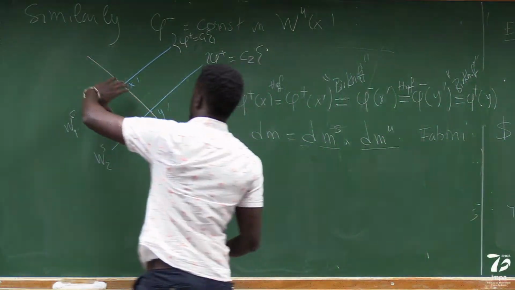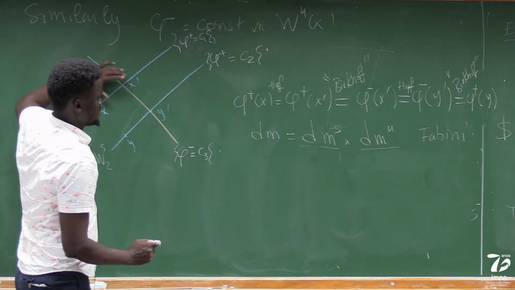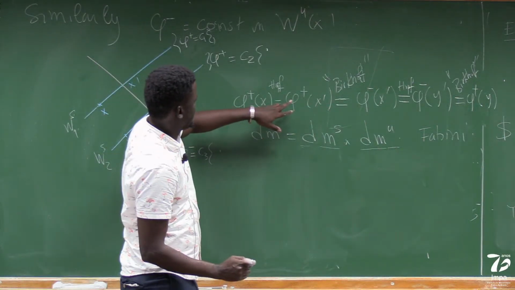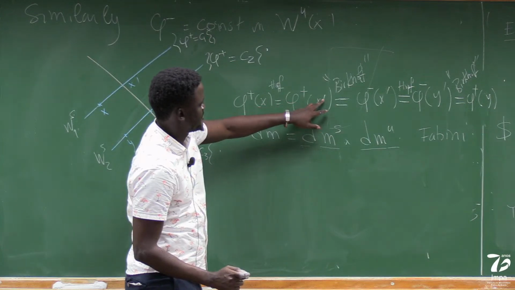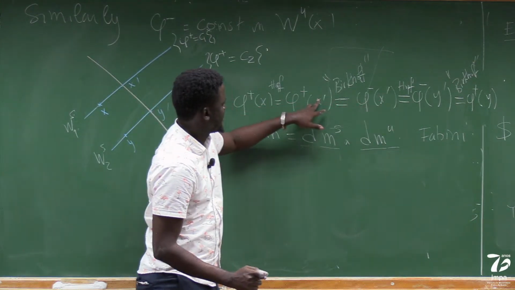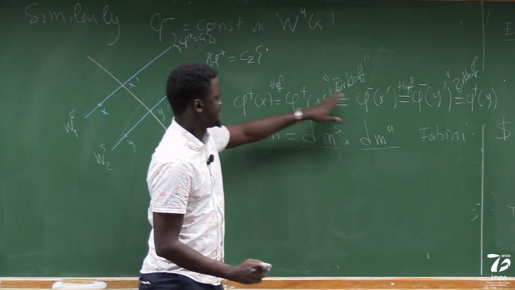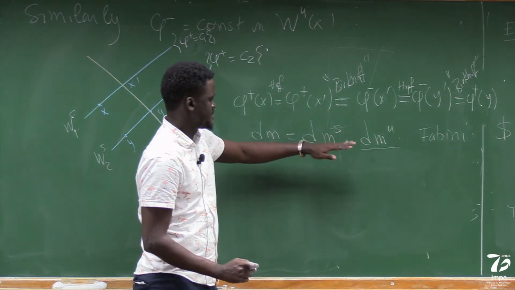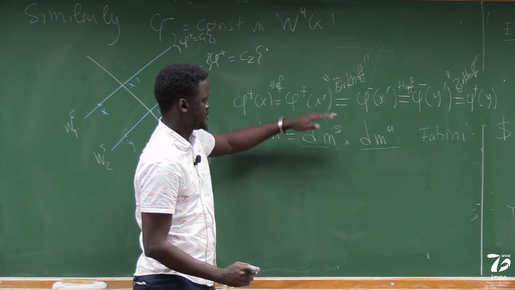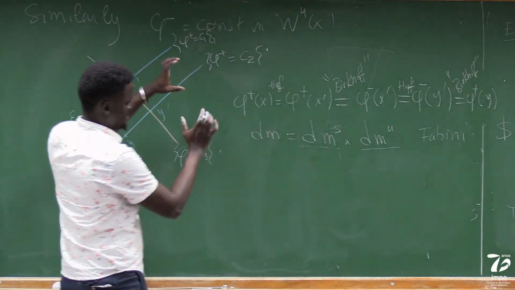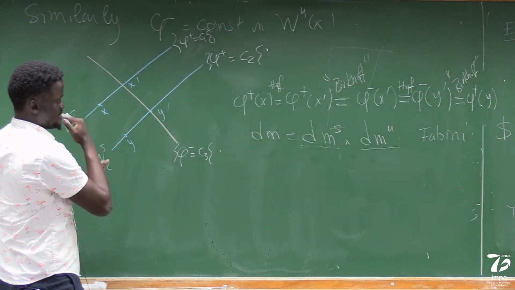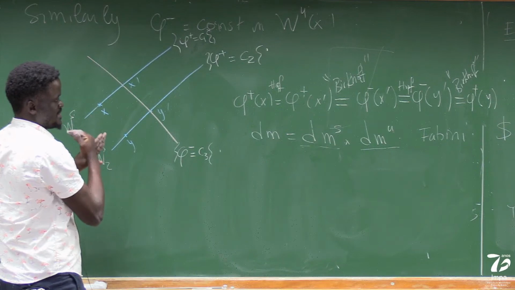So this is what guarantees that you can find this x prime so that phi minus equals phi plus, because you can decompose the measure into stable and unstable leaves, so that the restriction of the measure is just Lebesgue.